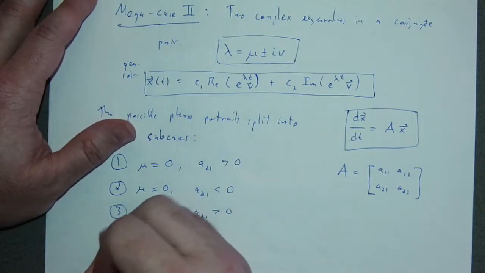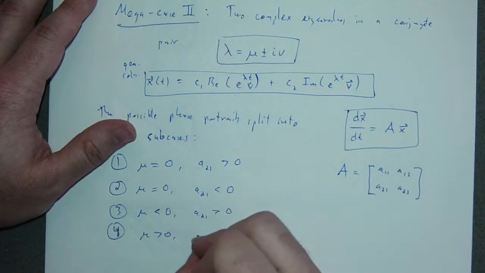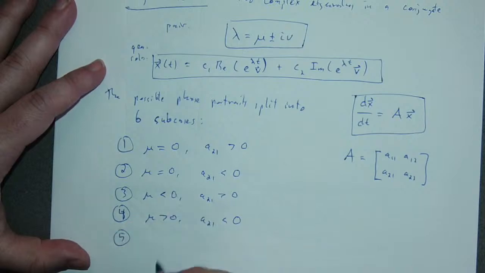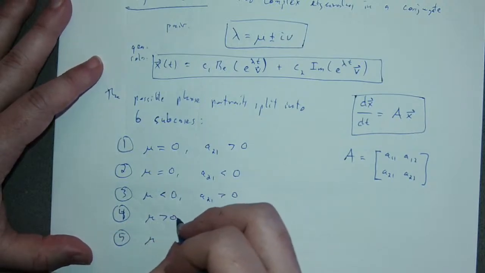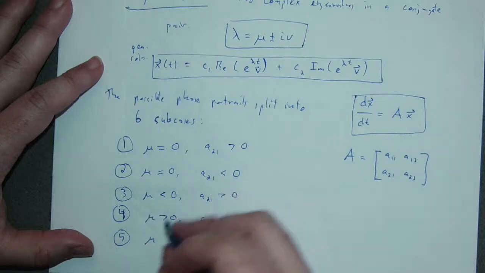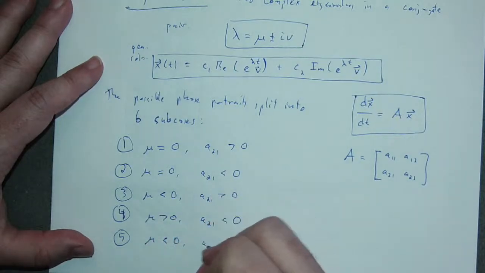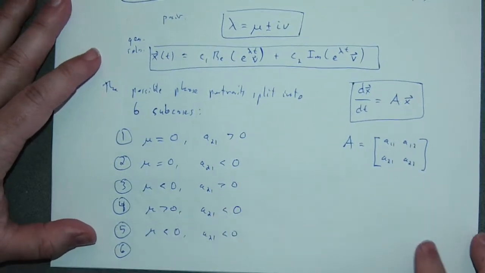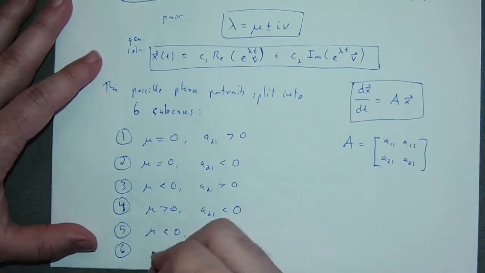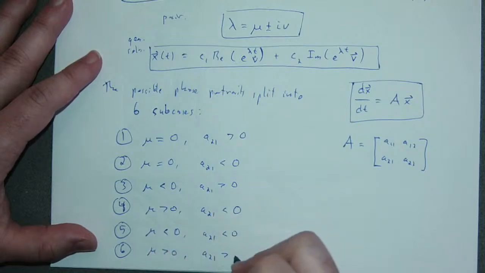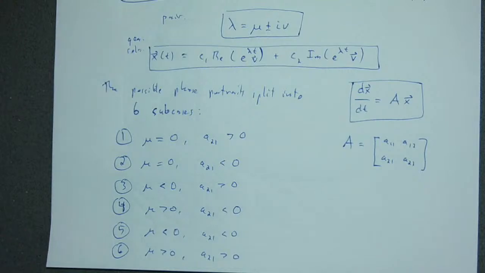The fourth case is mu is positive and A21 is negative. The fifth case is mu is negative, A21 is negative. And 6, mu is positive, A21 is positive. I did them out of order here, but that's fine; when I draw them, I'll put them together. That's the 6 exhaustive cases.